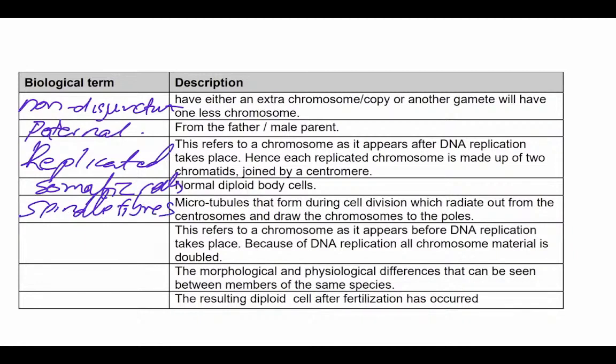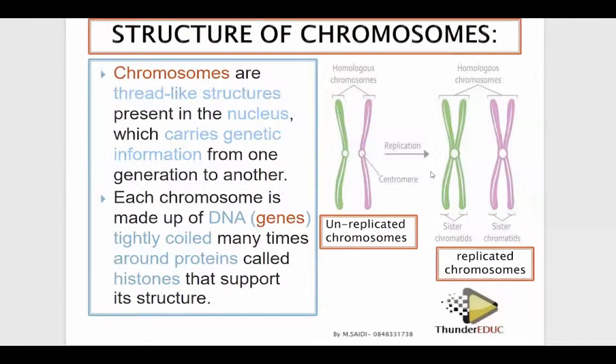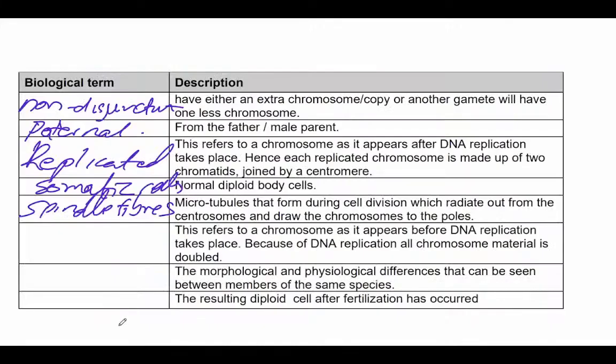They're saying that it refers to the chromosome as it appears before replication. The same thing which I've tried to show you here. Now they're saying before, so it becomes unreplicated chromosome.